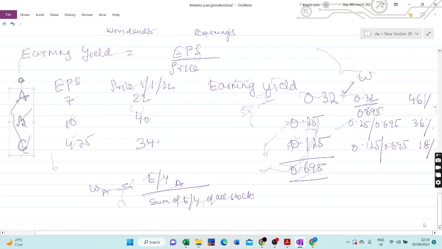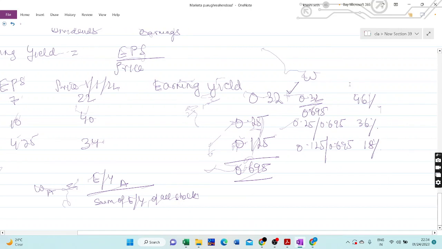And also note guys, the weight of this stock is the highest. The weight of stock A in this index is the highest. So what is stock A? Stock A is a value stock. Please note this.